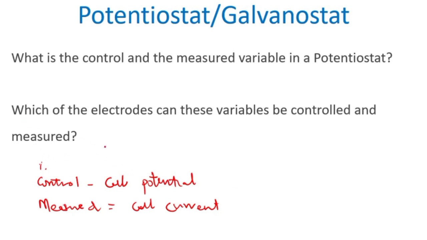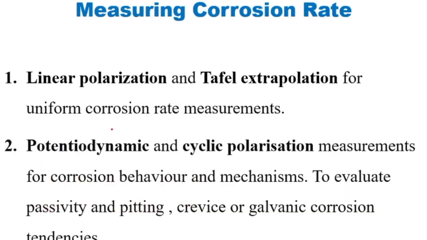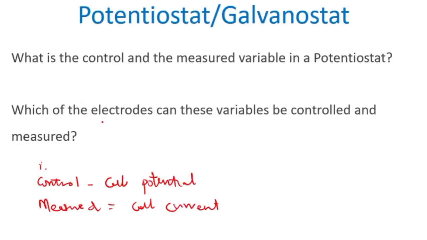The second question is: between which electrodes can these variables be controlled and measured? For the controlled variable, the cell potential, which electrodes are we talking about? Let's look at the question again. Between which electrodes can these variables be controlled or measured?